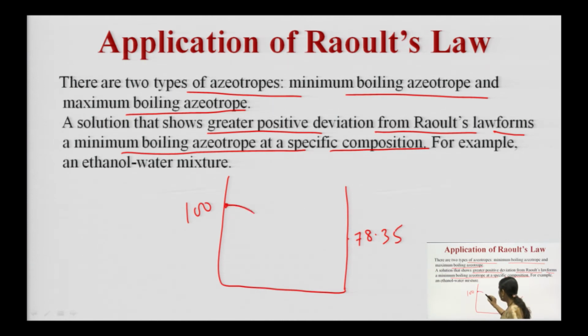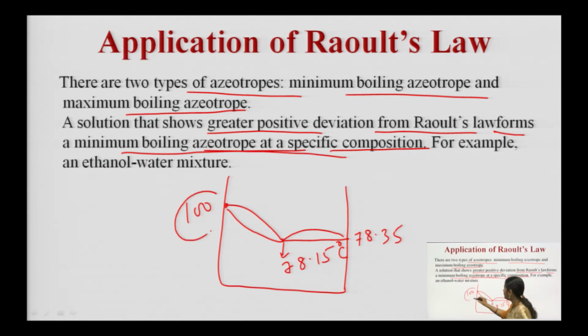Together they will form an azeotropic mixture and start boiling at a temperature of 78.15 degrees Celsius. That is the minimum boiling azeotrope, less than the 100 degrees Celsius of water.